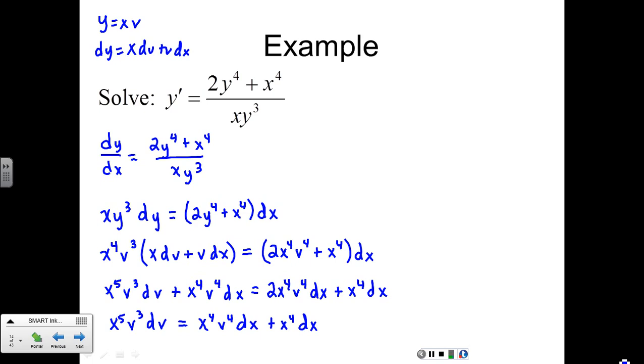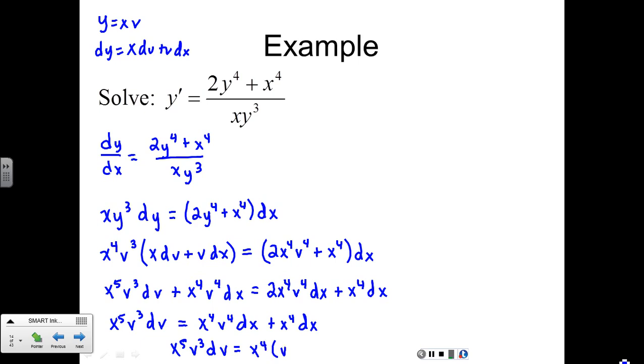That right side needs to be cleaned up a little bit. We need to do some factoring on that side, looks like. So what can I do, guys? X to the fourth.